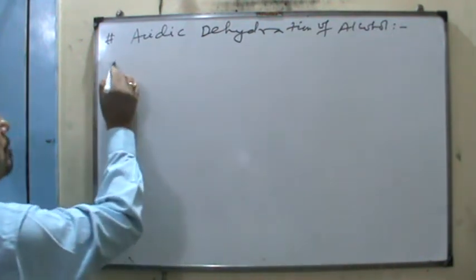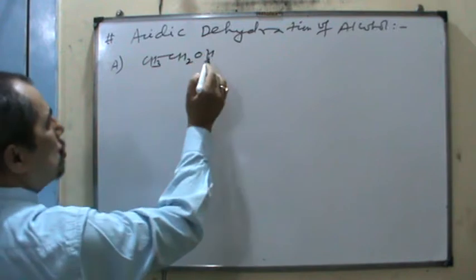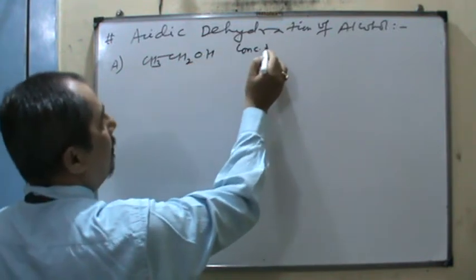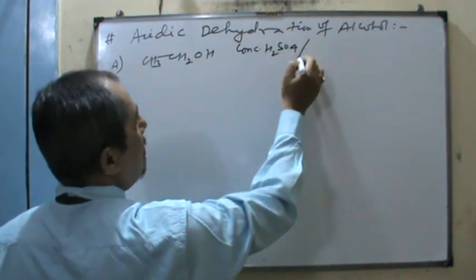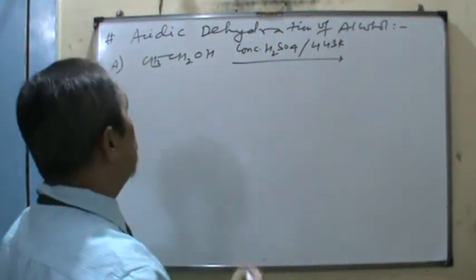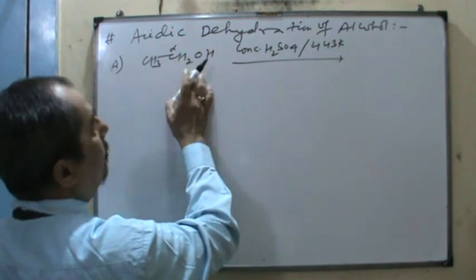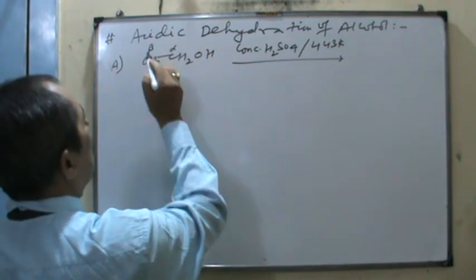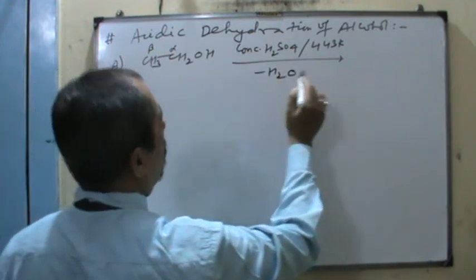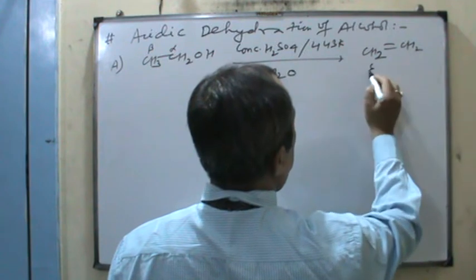You take the primary alcohol CH3CH2OH, concentrated sulfuric acid at 443 Kelvin. Then it undergoes alpha beta elimination. See, this is OH plus H. Water is lost and then ethene is formed.